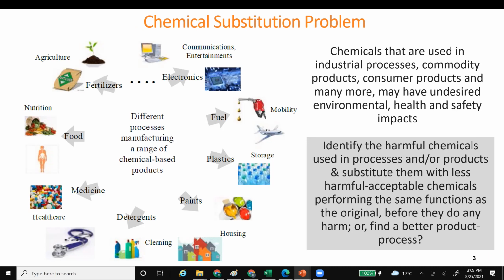And then we will substitute these chemicals with less harmful but acceptable chemicals, performing the same function as the original, maybe even better, before they, of course, cause any harm to the public. So in this case, also, just like Dr. Overkash has mentioned, we are also looking for a better product or process at the same time.